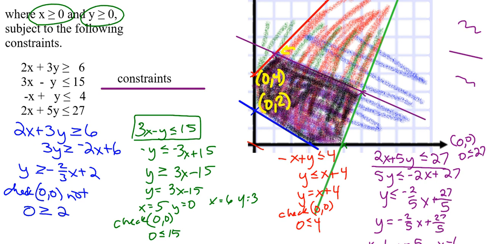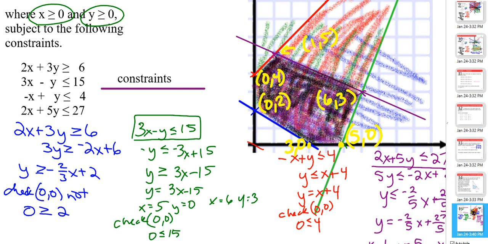This point right here is 1, 5. The point over here is 6, 3. This point is 5, 0. And this point is 3, 0. So that's what I'm looking at.